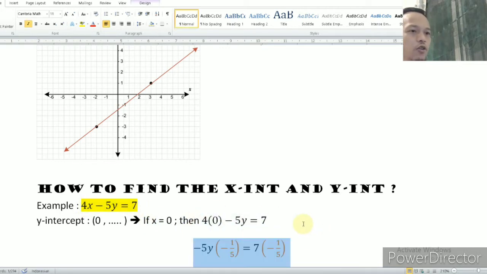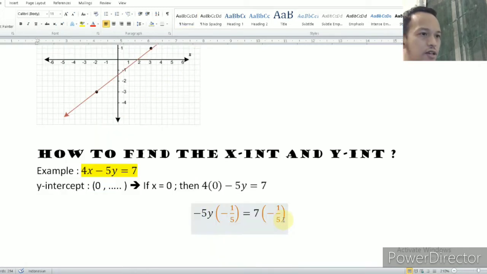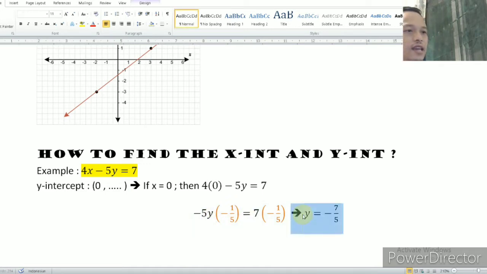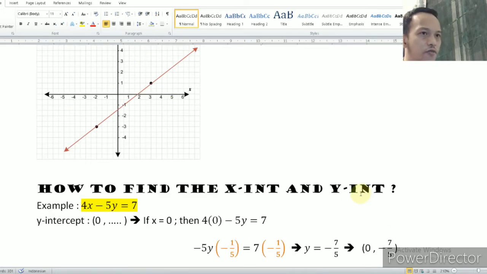And then since I know that the next statement is negative 5y equals 7, I will multiply by the multiplicative inverse to isolate y. So in the end, I will find that the y-intercept is negative 7 over 5, which as a coordinate is 0, negative 7 over 5, which just makes sense.